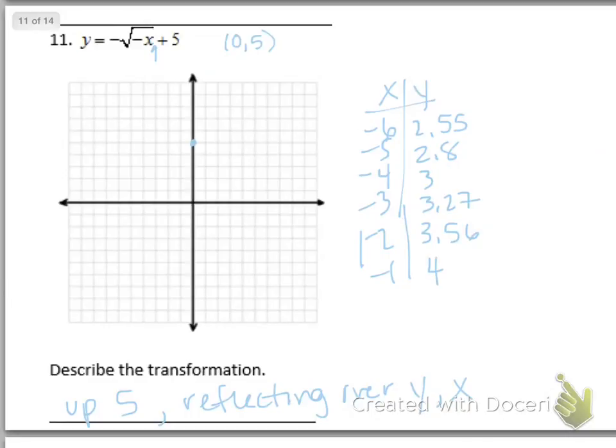So I got -1, 4. I have -2, 3.56, so a little bit above 3, and then a little bit below that, -4, 3. So you can kind of see that it's going downward like this. Okay, so you can see that it got shifted up 5, and then we have that double reflection, and my graph started at 0, 5.